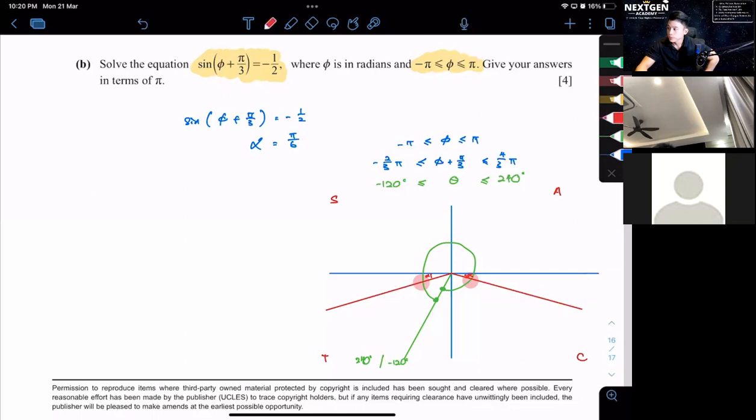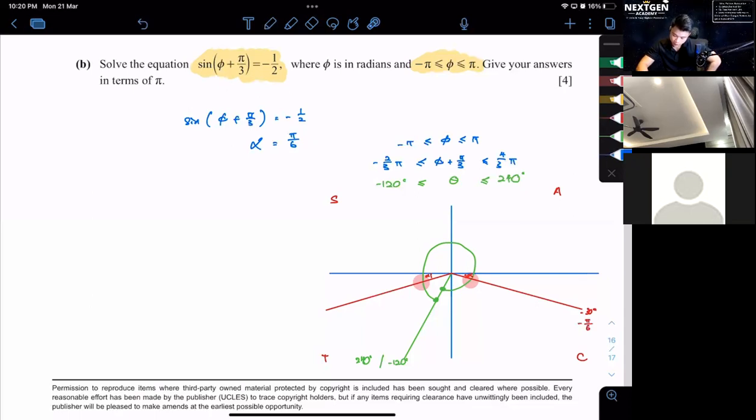So what would be my value? If you can see, this part here is in the negative, so it's actually negative alpha. Negative alpha will be negative 30 degrees or negative pi over 6, because they want it in radians.